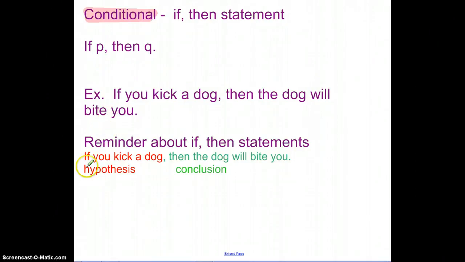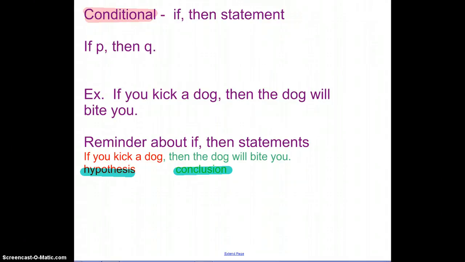So just a reminder that the if part, if you kick a dog in this case, is a hypothesis. The then part, then the dog will bite you, is the conclusion. So again, if you don't know these two pieces, it's going to make it hard later on to be able to do the contrapositive and the inverse, because that's going to be our focus of today.